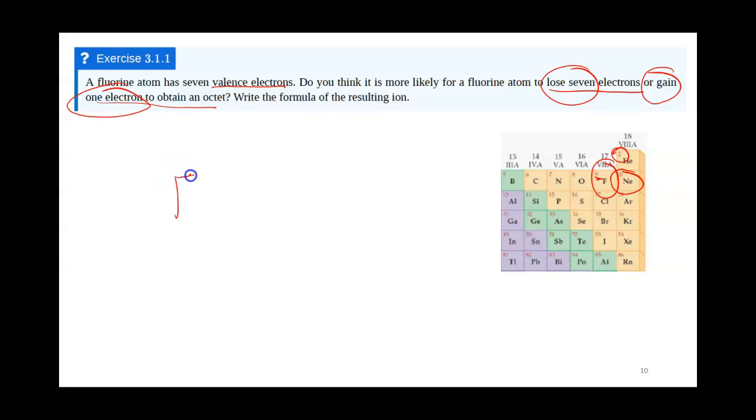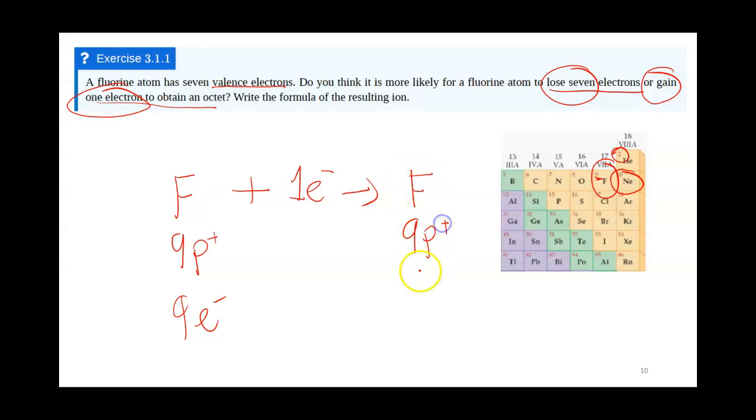So fluorine has 9 protons and 9 electrons. If it gains 1 electron, then it will now have 9 protons and 10 electrons, which will mean that it'll have an overall of 1 negative charge, and we can indicate that with a superscript minus sign.